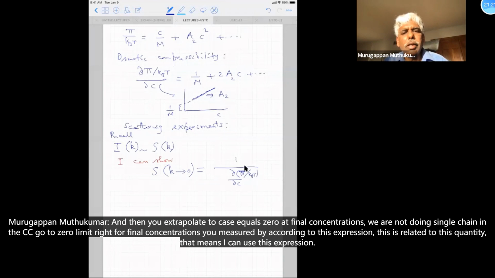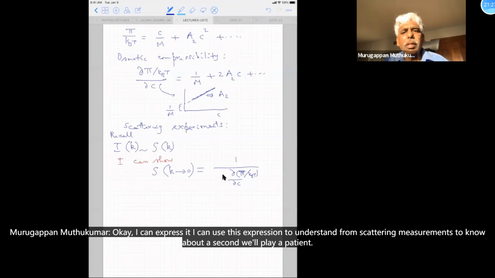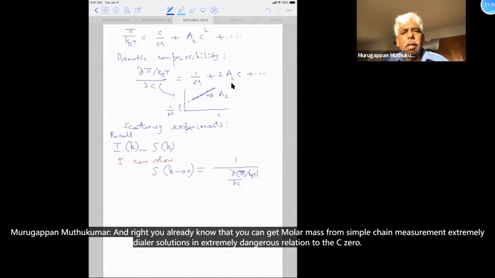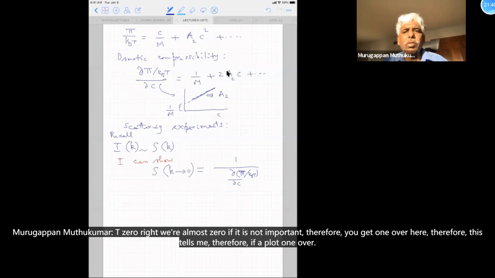That means I can use this expression to learn from scattering measurements about the second virial coefficient. And you already know that you can get the molar mass from single chain measurements in extremely dilute solutions. In extremely dilute solution, c is almost 0, therefore this is not important, and you get 1 over M.